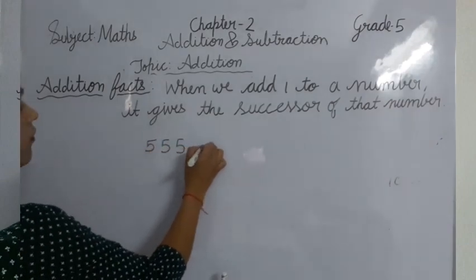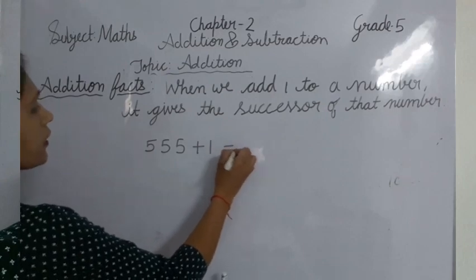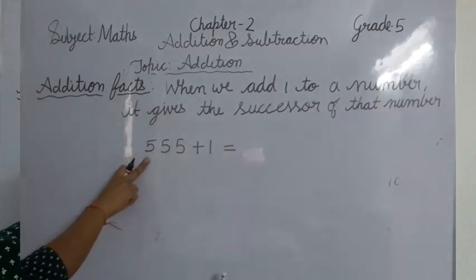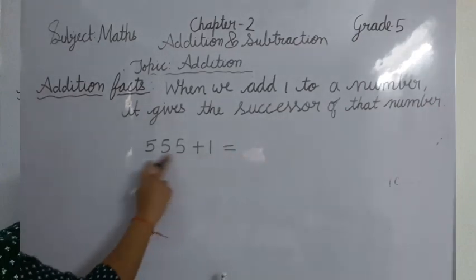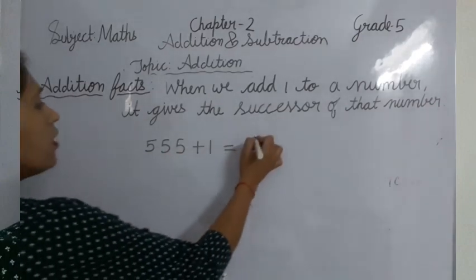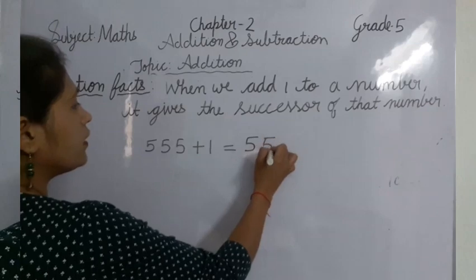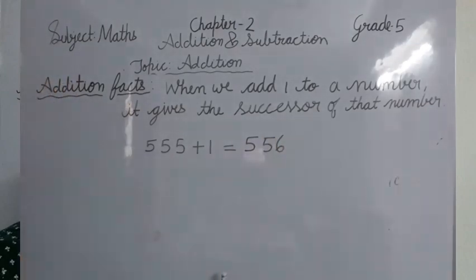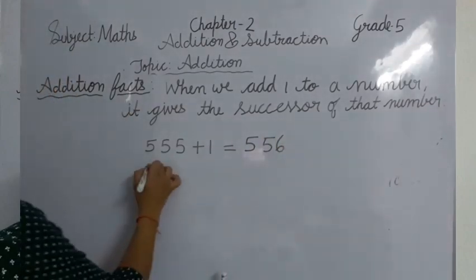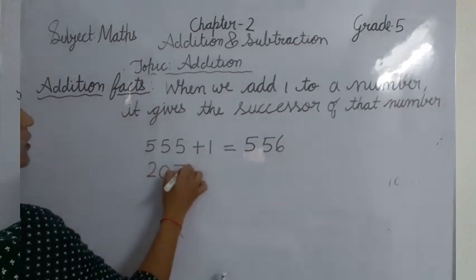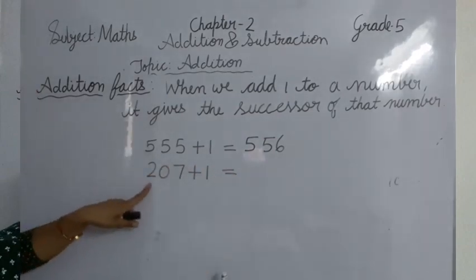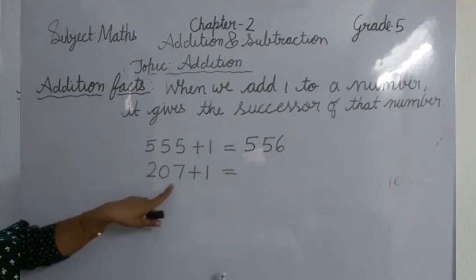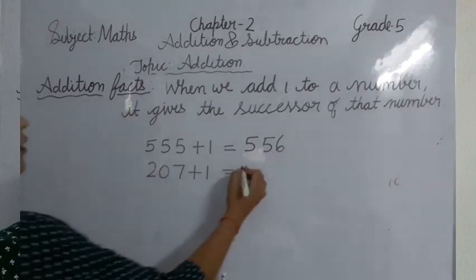If you add 1 here, you will get the successor of this number. So what is the number after 555? 556. Okay. So let's take another example. If 207 is there, if you add 1, what will you get? What is the next number? What is the successor of 207? The 208.